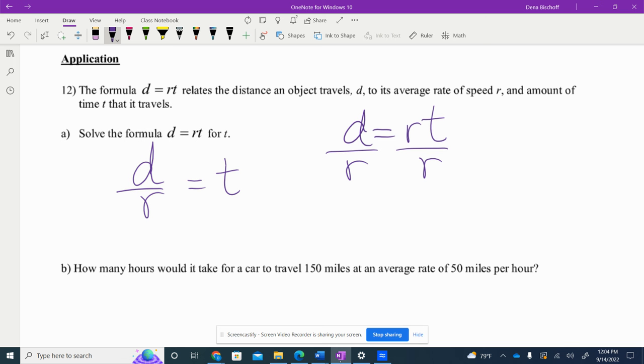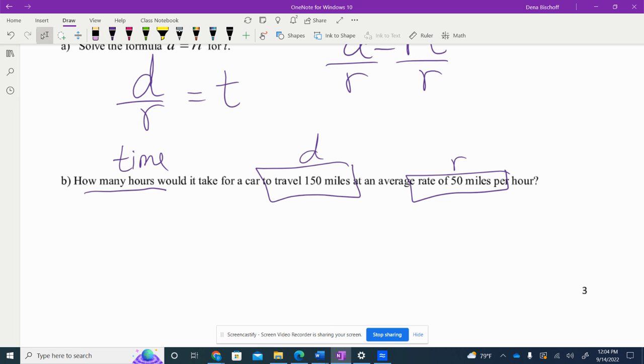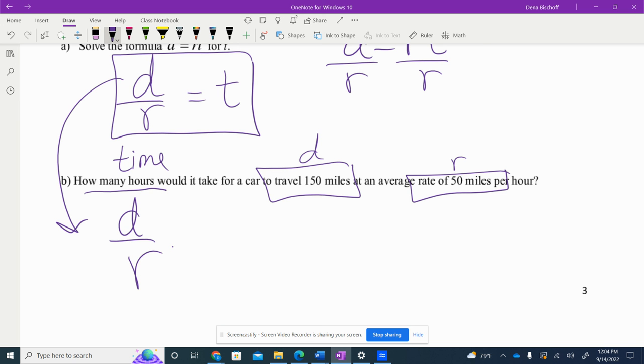So the second question says, how much time would it take? How many hours? That's time. If a car travels 150 miles, that's my distance, at a rate of 50 miles per hour. So all we're doing is taking this and putting it down here. D over R equals T. But I'm going to plug the numbers in.